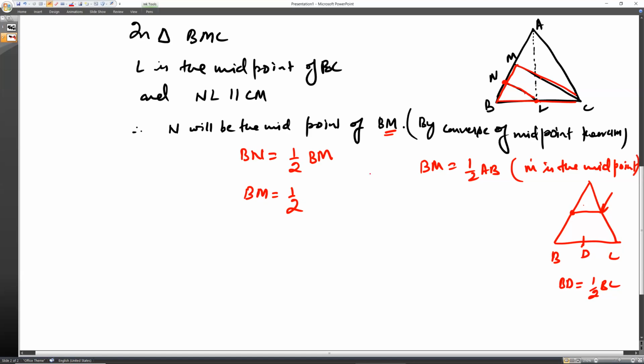You have to do this question paper again. I will take all the questions one more time. Don't be afraid. So can I write half of AB in place of BM? Yes. Half and half will multiply, and you will get BN is equal to 1/4 of AB. Got it? Yes, sir.